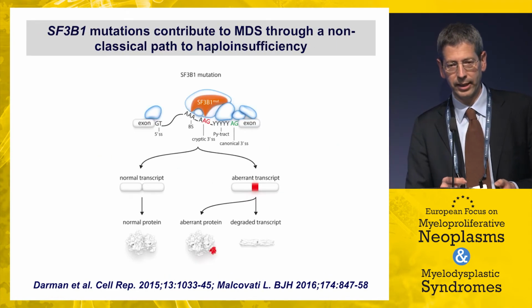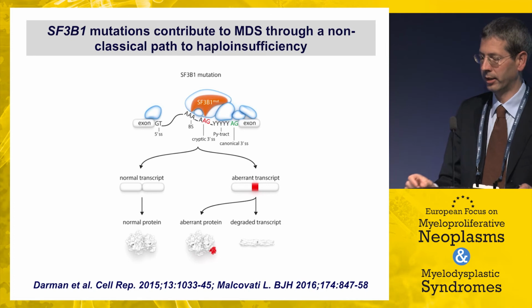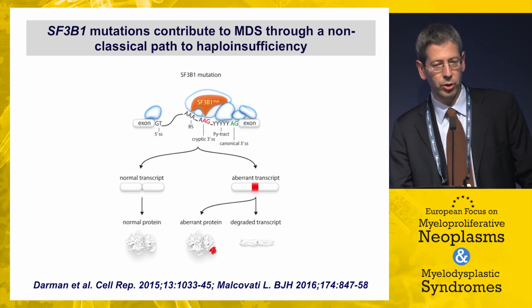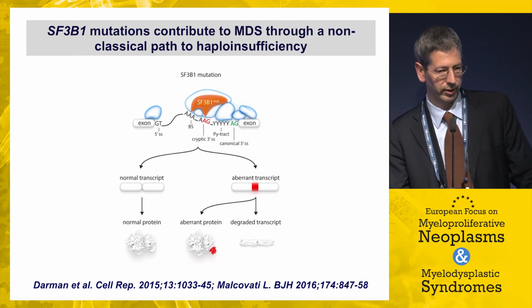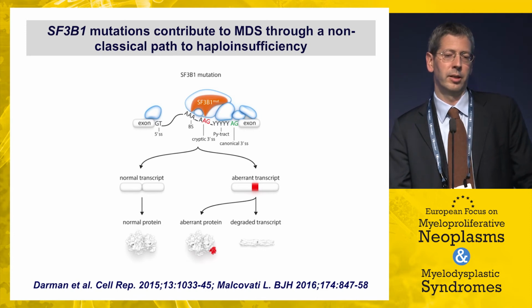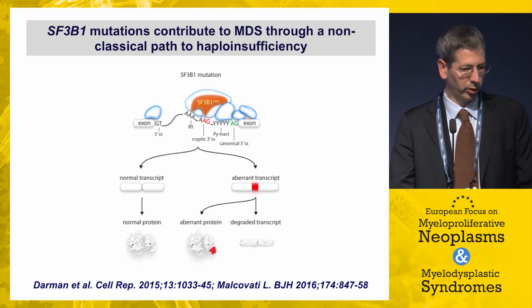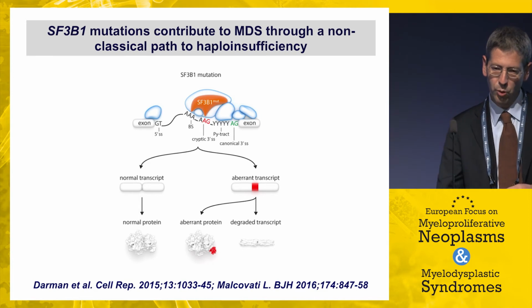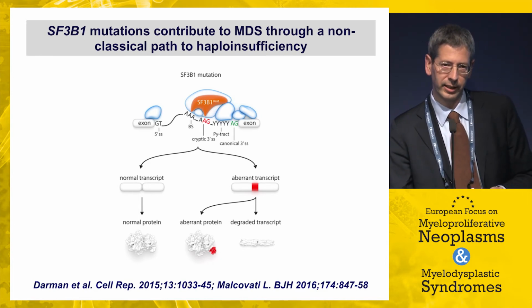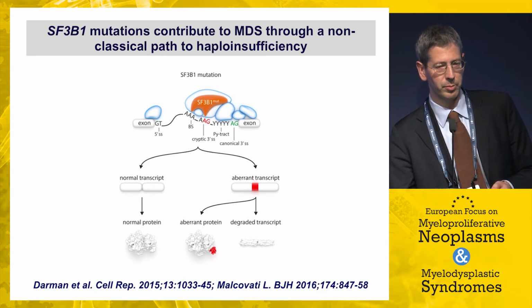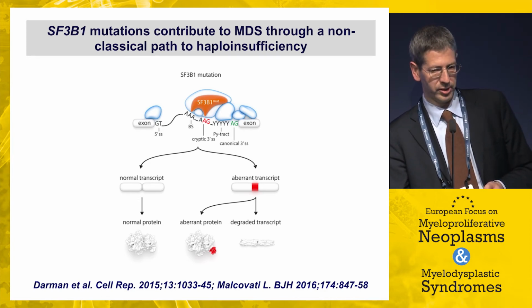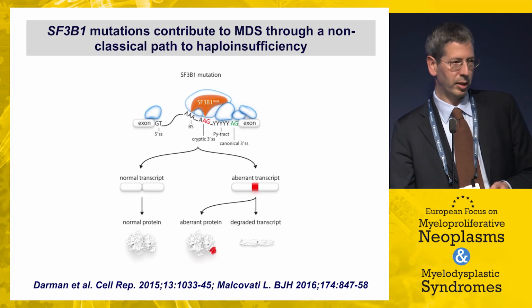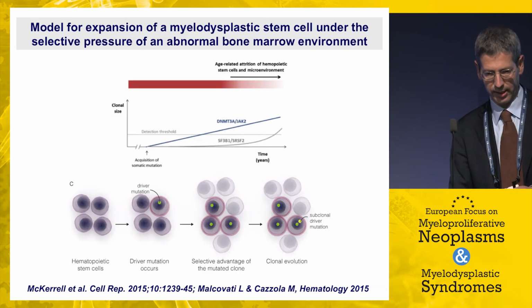And this abnormal RNA may either undergo degradation, resulting in a non-classical path to haploinsufficiency, or may be translated into aberrant proteins. So single mutations at the DNA level in SF3B1 may result in abnormalities in several genes, thus disturbing several pathways within the mutated cells.